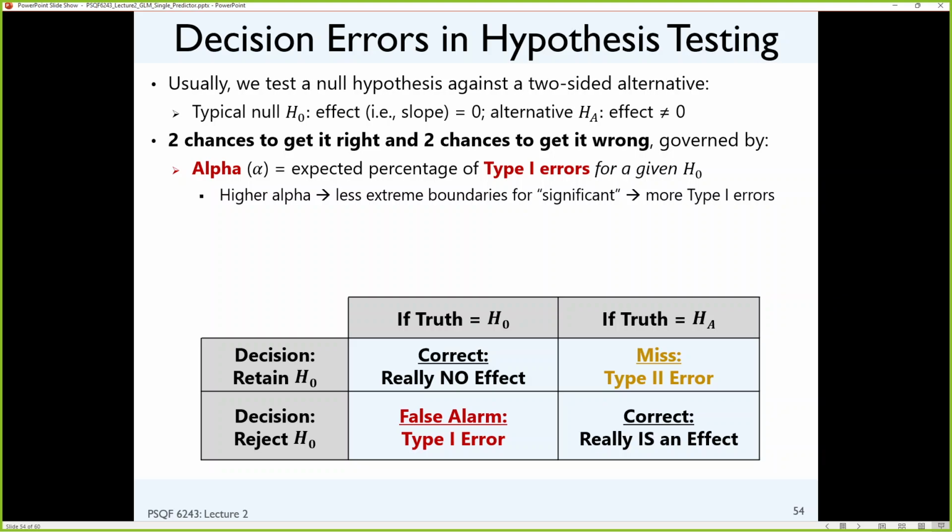So conventional alpha of 5% means that for every 20 tests we do, if the null hypothesis is true, we're wrong once. We're wrong 5% of the time. If you wanted to be more conservative, maybe 0.01, you only want to be wrong once out of 100. More conservative than that, 0.001, it's up to you.